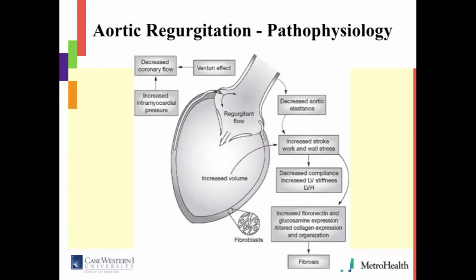And here you have a Venturi effect, which I'm not going to worry about. But what I wanted to show is that there is remodeling on the cellular level, and these myocardial cells become very unhealthy. And so your diastolic function becomes problematic in patients with significant aortic insufficiency.